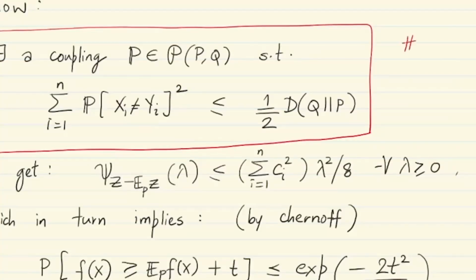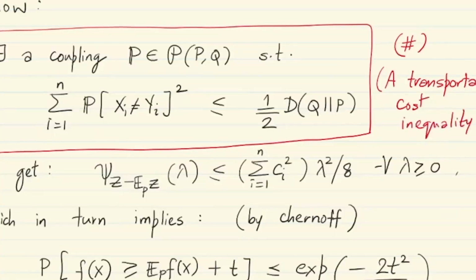So this statement or property that we require, which we'll call star, is essentially an inequality involving transportation costs, because for each specific i, the probability that xi is not equal to yi is actually an expected transportation cost, where the cost structure is given by the indicator that xi not equal to yi for every individual tuple.